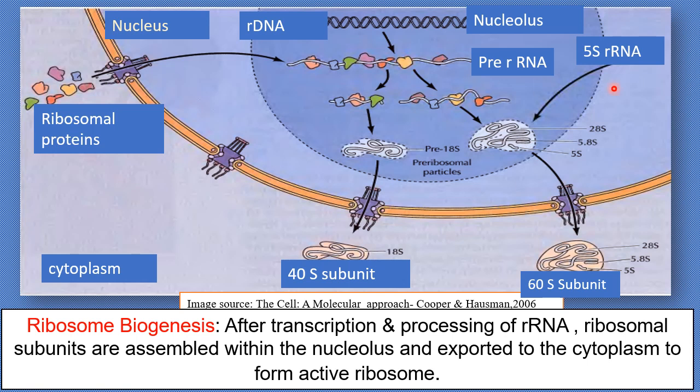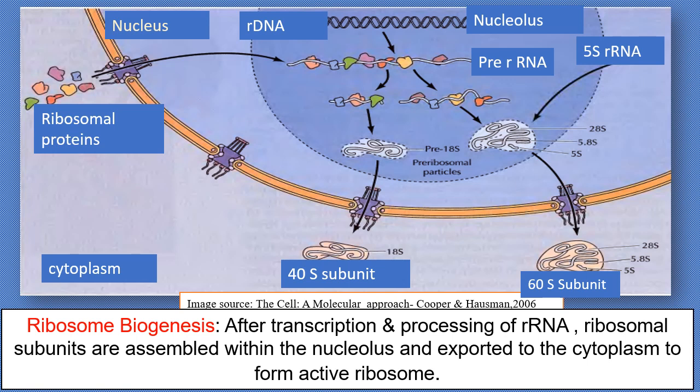In the same way, the 5S ribosomal RNA, which is synthesized outside the nucleolus with the help of RNA polymerase III enzyme, is imported into the nucleolus and they form the pre-ribosomal particles. After that, the pre-ribosomal particles are exported into the cytoplasm so that they can form the active 40S and 60S ribosomal subunits of the eukaryotic ribosomes.